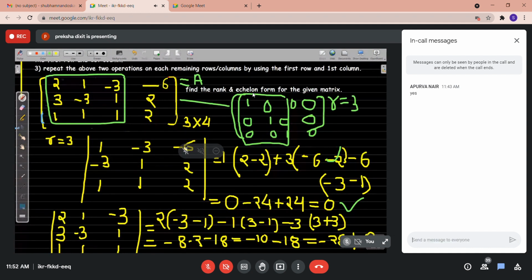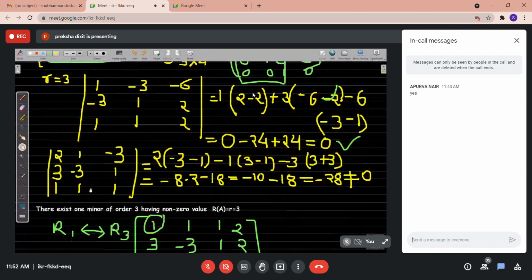Because I have observed that in the first column I have entry 1 in row number 3. If I interchange row 3 with row 1, I will be having 1 at the position A11. So that's what I have performed to get 1 at the position first row and first column.